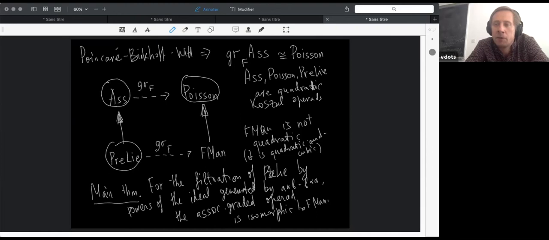Which also is technically quadratic and cubic, and for the Batalin-Vilkovisky operad, the path towards understanding its homotopy theory also went through the Koszul duality path.